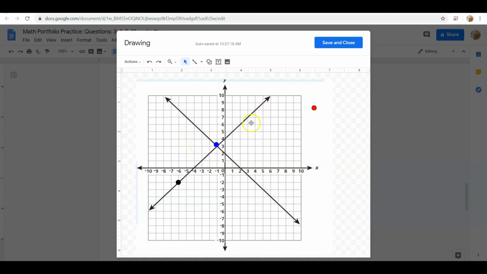And this would be the solution for this system of equations. Kind of like the last video where we figured out the solution and it's where the lines crossed. This point represents that crossing or that solution. Save and close.